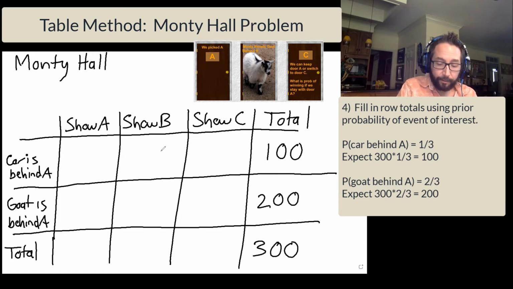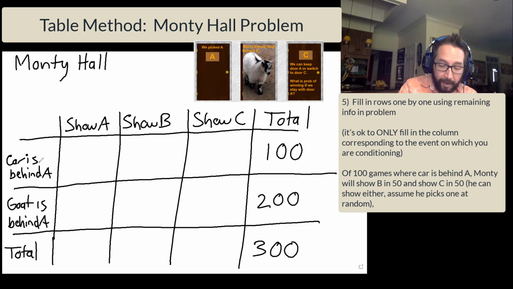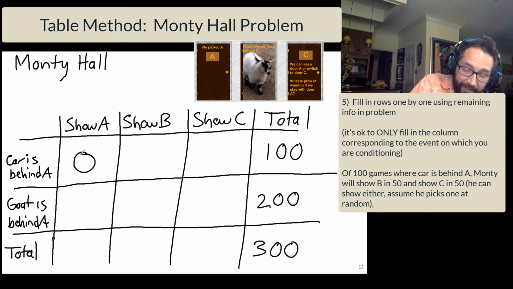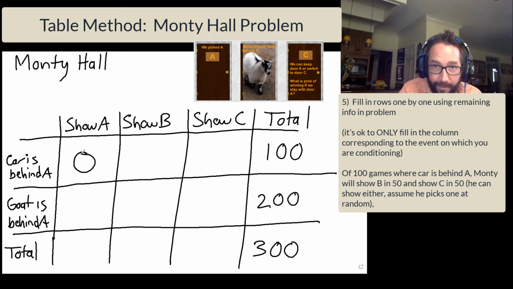Okay, so let's try to fill in the columns here. So we're going to deal first with those 100 games where the car is indeed behind door A. So if that's the case, how many of these 100 games will it be where Monty shows us what's behind door A? Well, 0, because Monty's never actually going to show us what's behind the door that we picked, so we can just put a 0 there. How many of these games will he show us a goat behind door B?